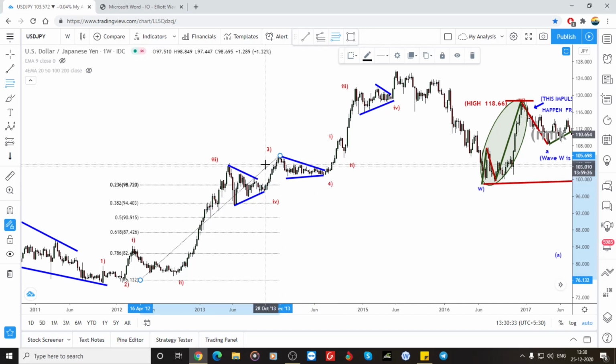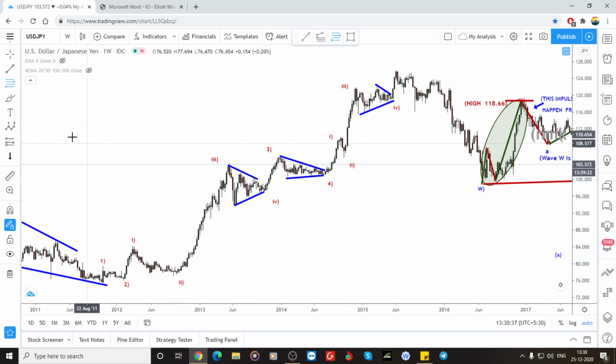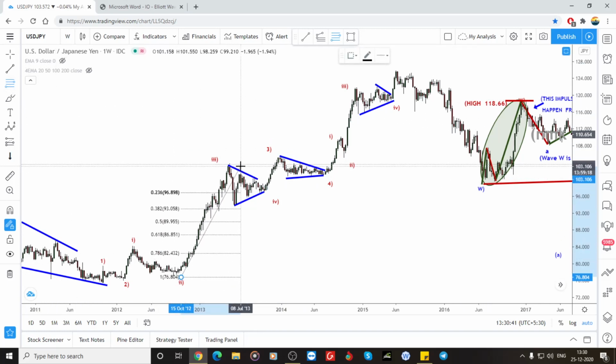Within this it rejected and then again it shot up. For example, here we can test, perfectly, it retests 38.2. So the fourth wave will retrace the third wave up to 23.6, 38.2, and sometimes maximum, if it is bearish or there is any fundamental news, it will retest 50% also.